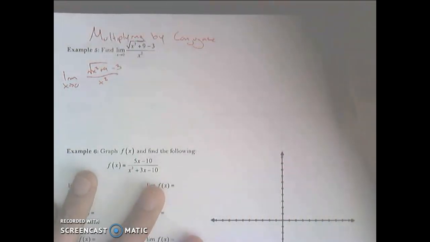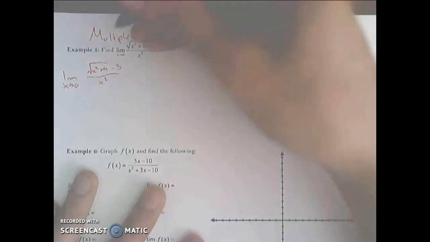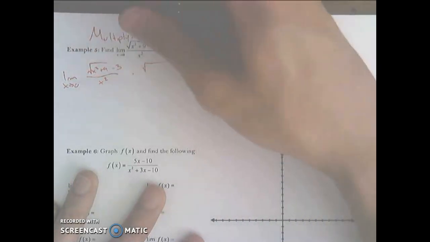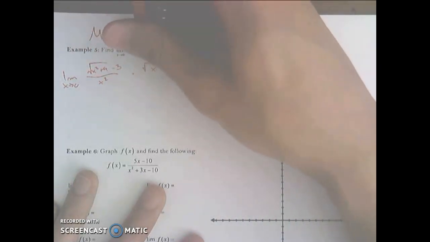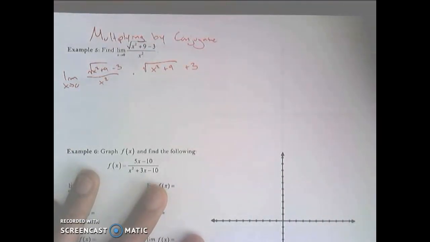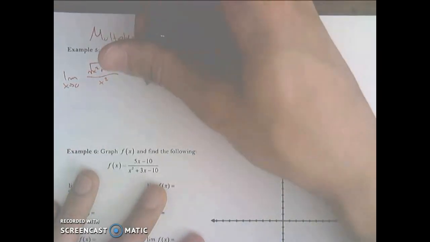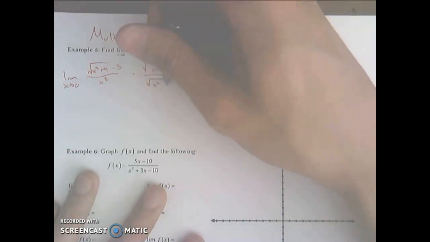Well, we've got a square root minus 3, right? Its conjugate would be that same square root plus 3. So we have x squared plus 9 and then plus 3. Now, if we multiply the numerator by the root plus 3, then we have to also multiply the denominator by the same.